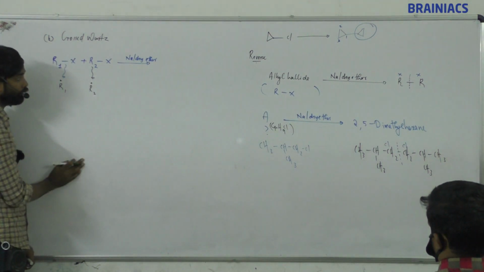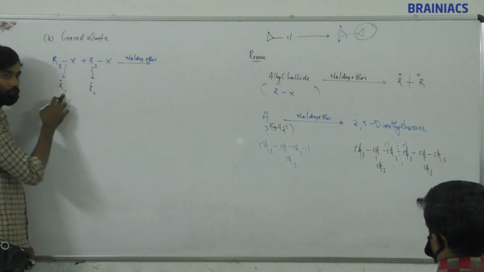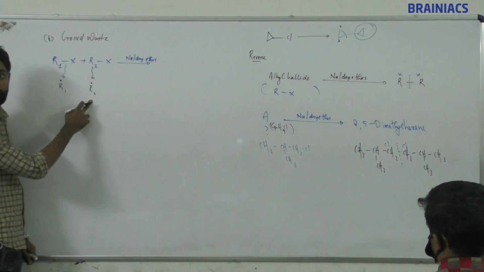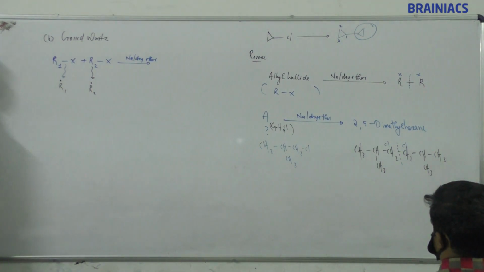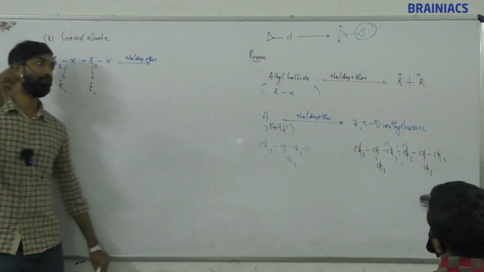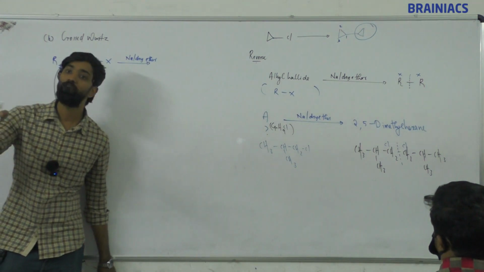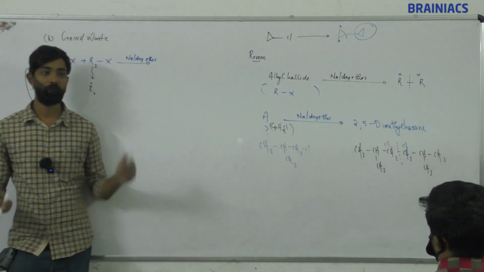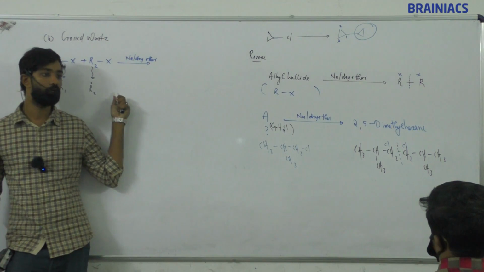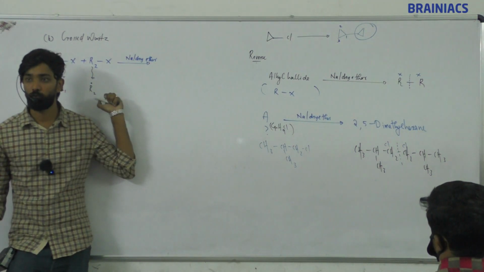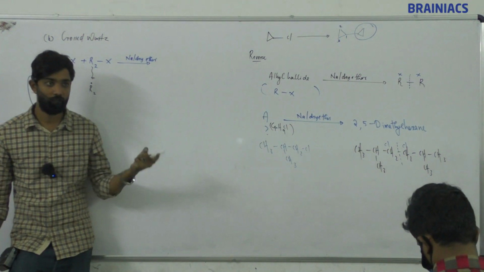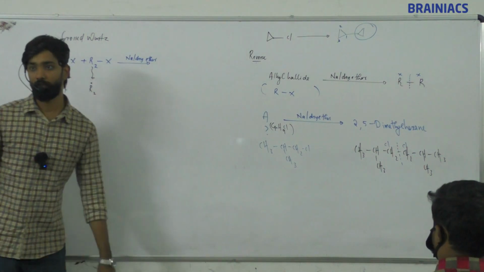And there may be more than one R1 free radical and more than one R2 free radical. If they said one equivalent R1X and one equivalent R2X, then only you can assume one R1X and one R2X. Else there may be more than one of each. Keep it in mind.